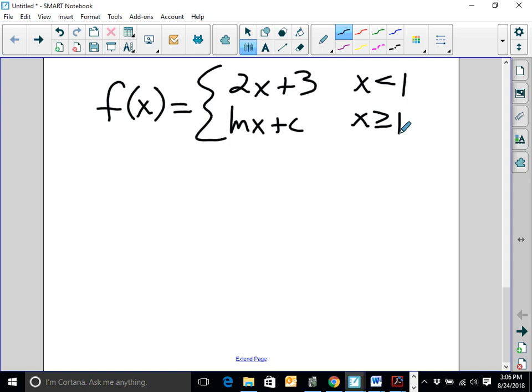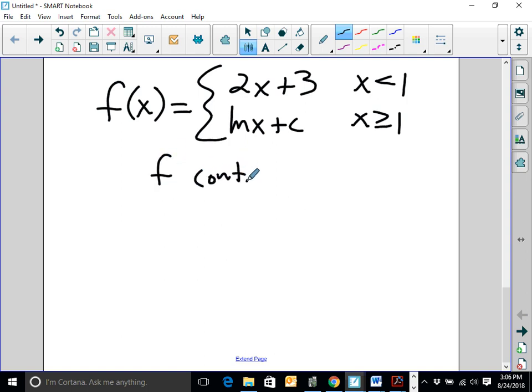Now, what point do you think I'm going to be asking about continuity at? First one I asked 3, the second one I asked 2. This one, the place where the piecewise splits is at the value 1. So again, I want to make f continuous at x equals 1.